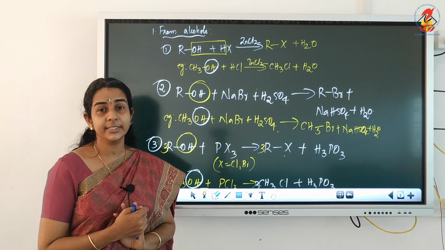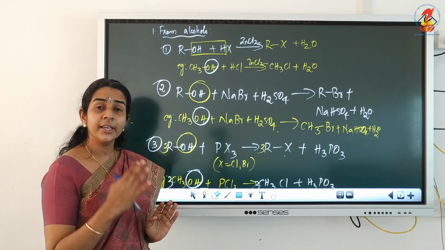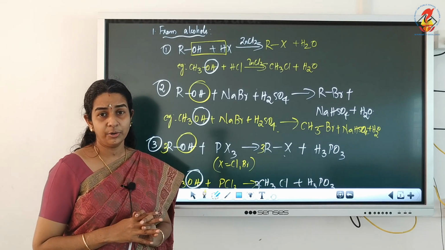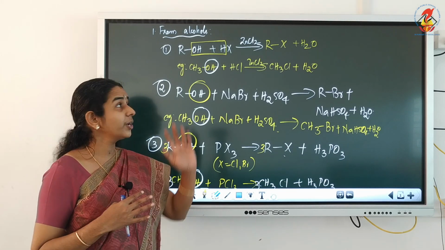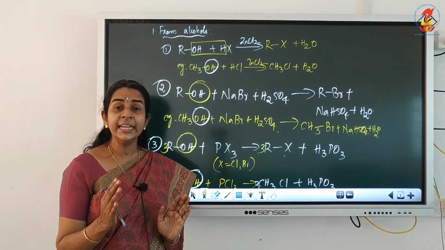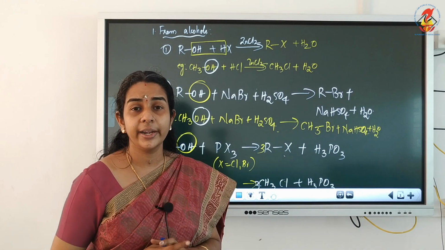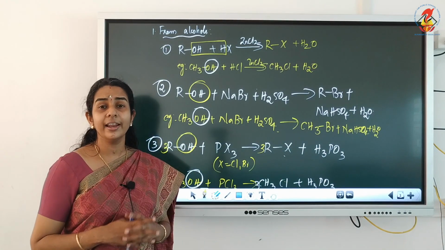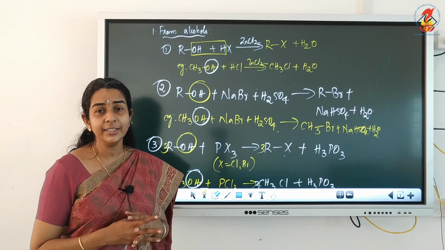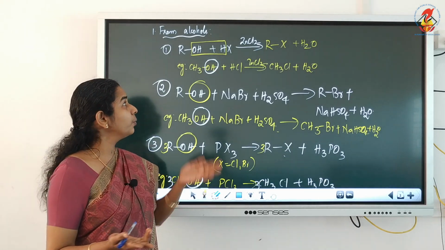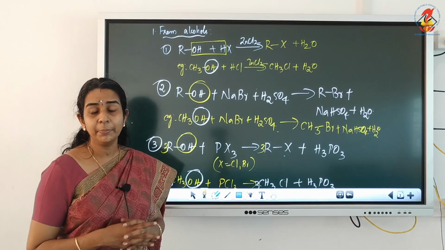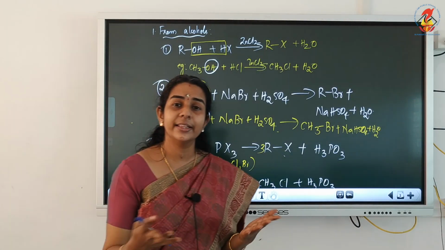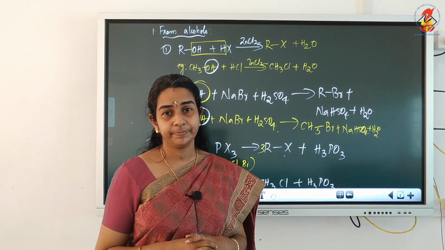The answer is, if we are taking primary and secondary alcohols to treat with HX, we need anhydrous zinc chloride as catalyst. But if we are using tertiary alcohols, there is no need of catalyst, by simply shaking with any HX, you will get the corresponding halide.